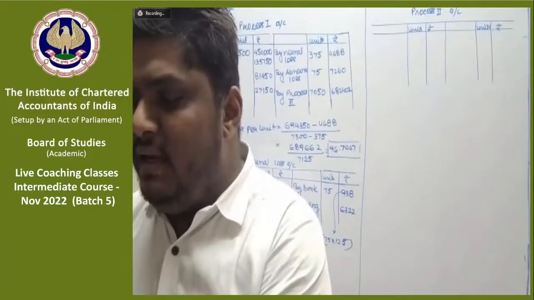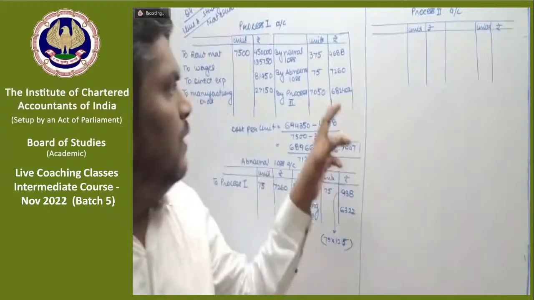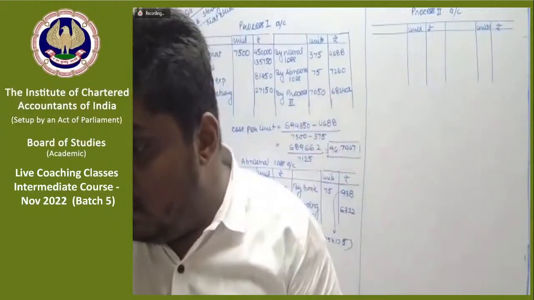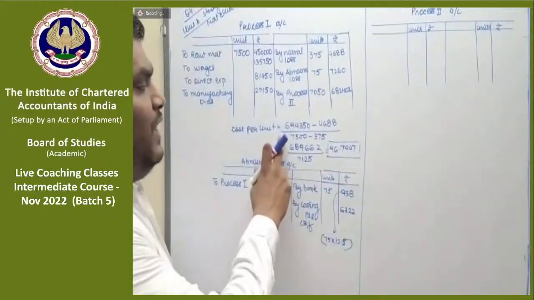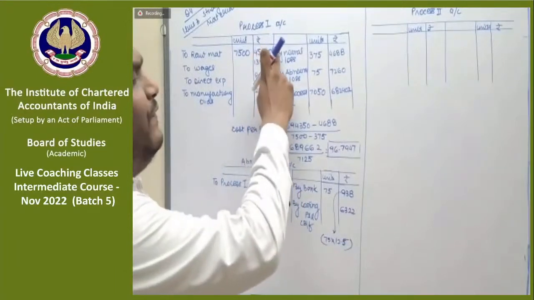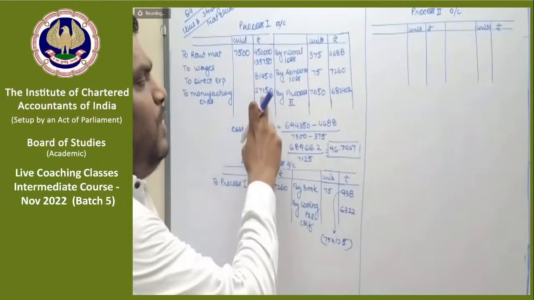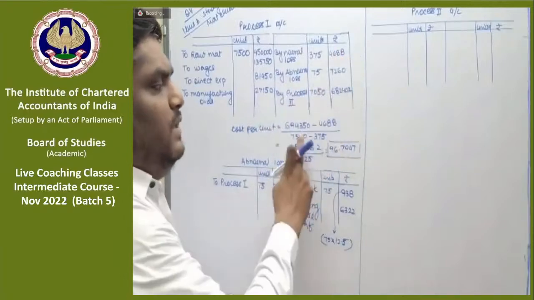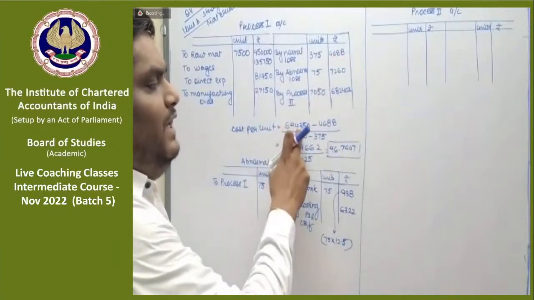I'll be discussing income statement also. Okay, Archie Gupta, this is the total cost, that is 4,50,000 plus this amount plus this amount plus this minus 4,688. So this is how I got 694,350.